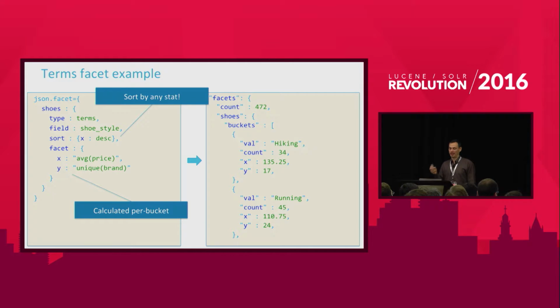Each bucket has the value for that field, the number of documents that fell into that bucket, and then the X and the Y. So the X and the Y are calculated for each facet bucket. You can also see how the structure of the response matches the structure of the request, from a nesting perspective. And that's one reason why I chose JSON as a way to express these nested facets.